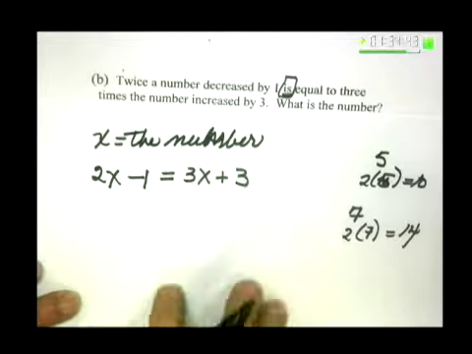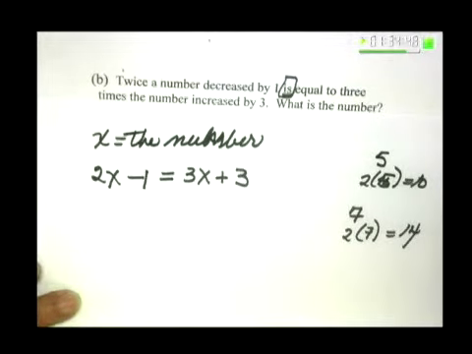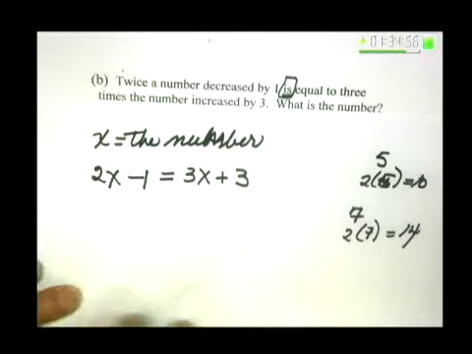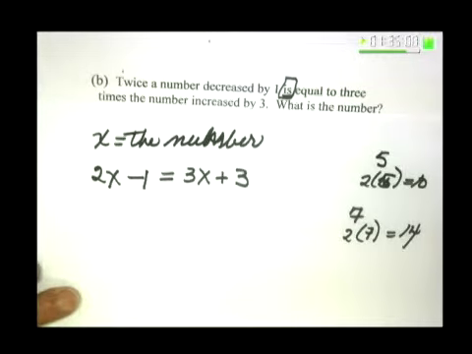A lot of teachers say, get your variables on the side that you have the most, which is the right side in this case. And a lot of teachers always put their variables on the left side. It doesn't matter. Depending on the side you choose, you'll be working with a negative number or not, but in the very end it works the same.